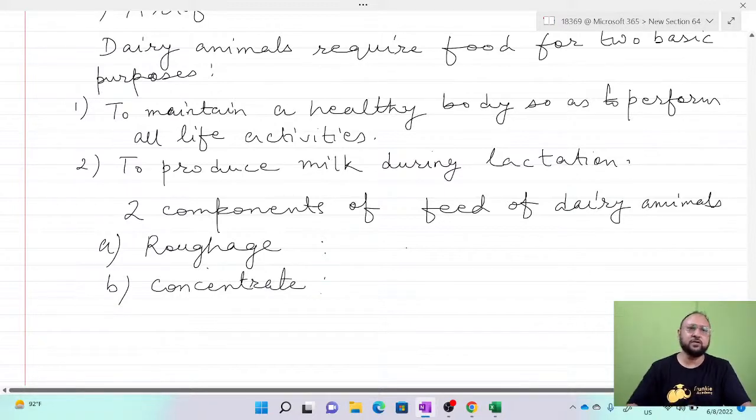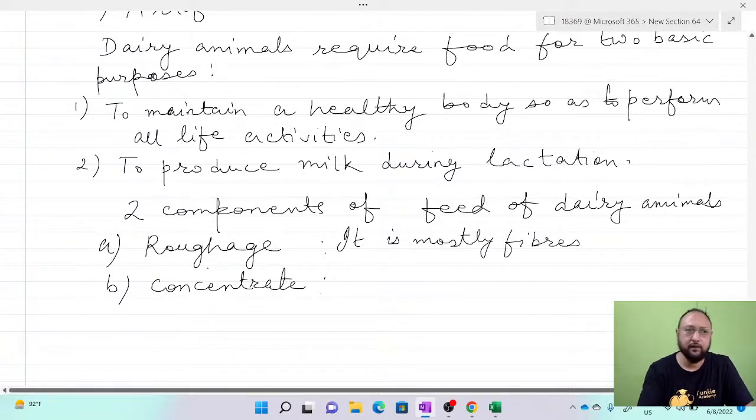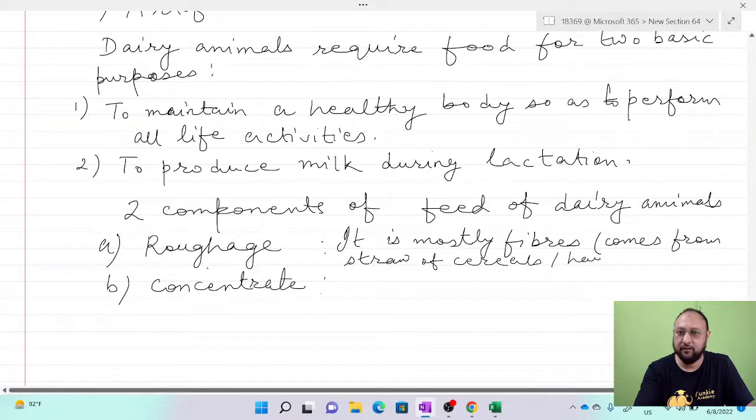Roughage is mostly fibers, which come from the straw of cereals, hay, and also green fodder like sesame, coffee, etc.